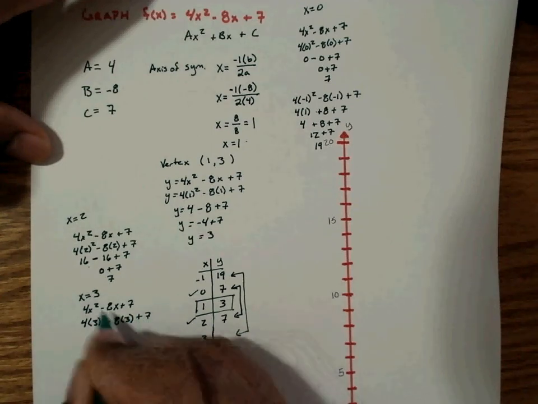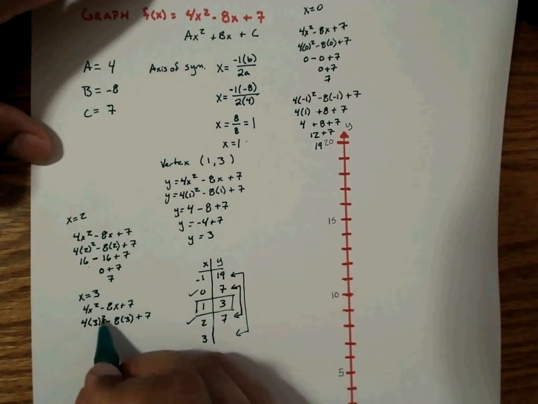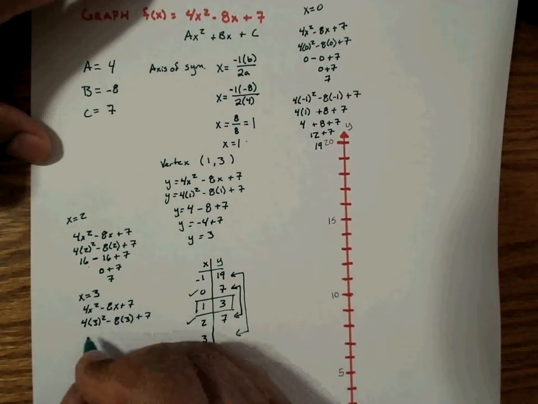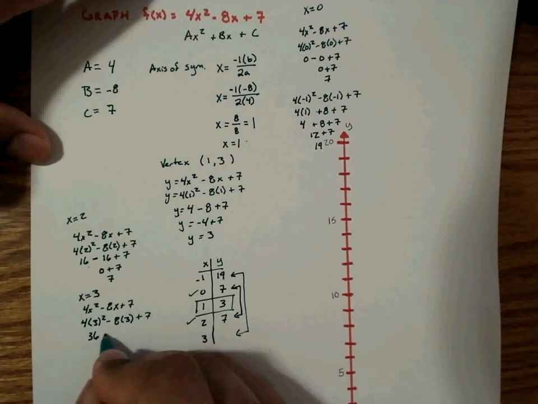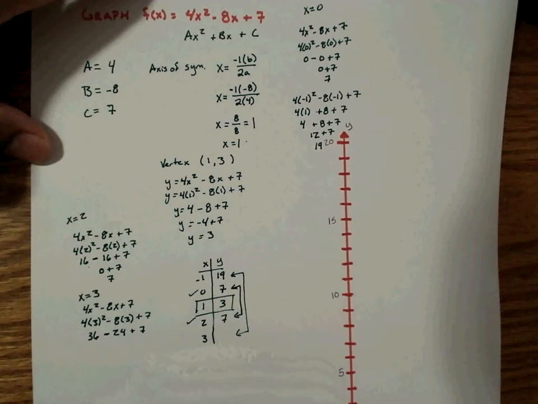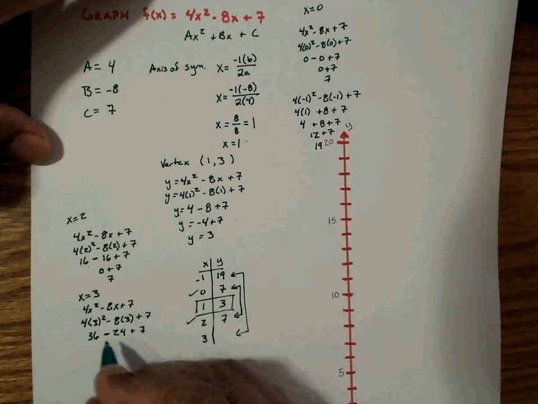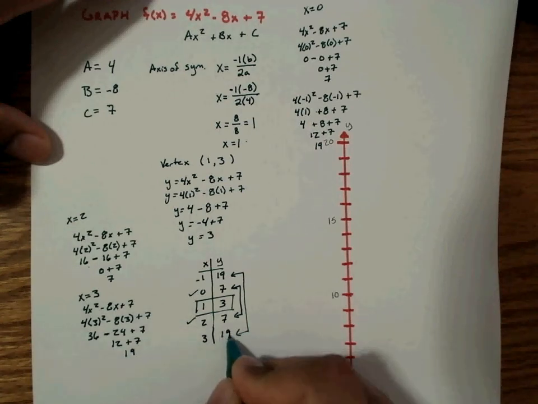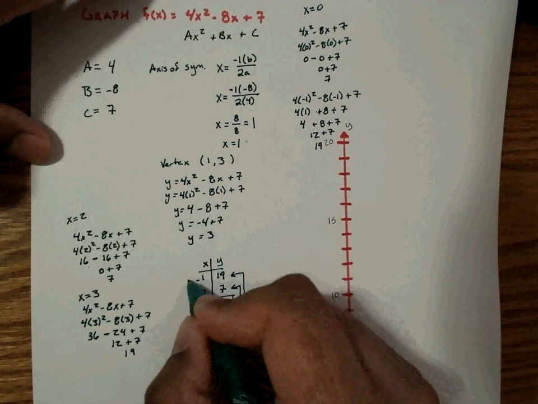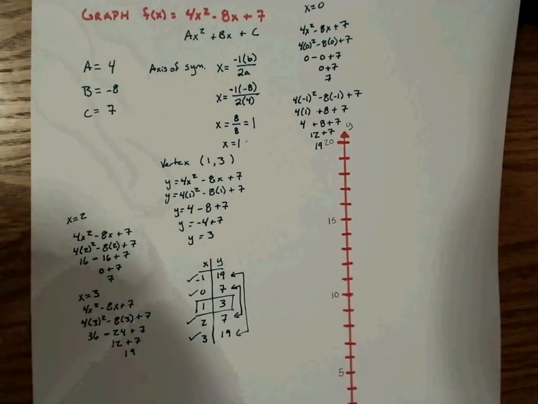Again, I'm just plugging in 3 for x. 3 squared is 9. 9 times 4 is 36. And then we have 8 times 3, which is 24. And then we add our 7. So now we have 36 minus 24 is 12. And 12 plus 7 is 19. And that checks off. So now we're all set.